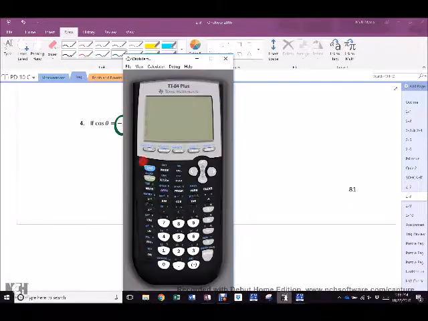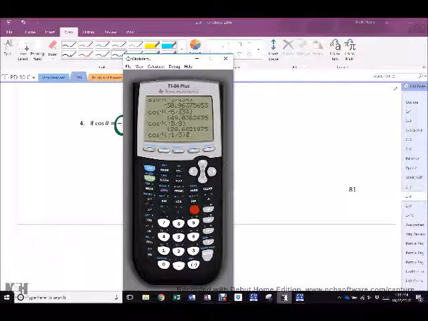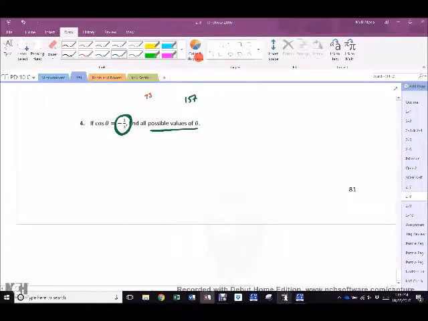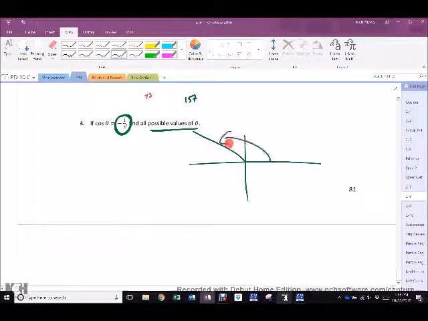So I can go to my calculator and hit shift cos, -1 divided by 3. Yes? And this is going to give me a value for theta, isn't it? 109. Agreed? All right. So we now know that if I go out here to 109, I'm going to have a cos of -1/3, aren't I?